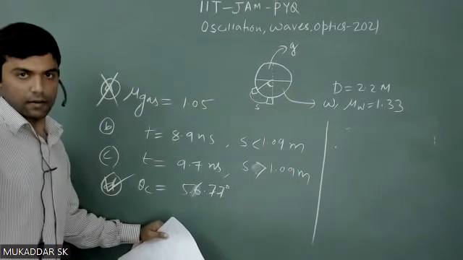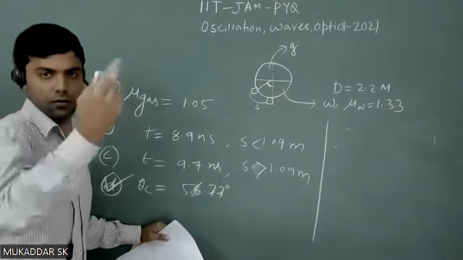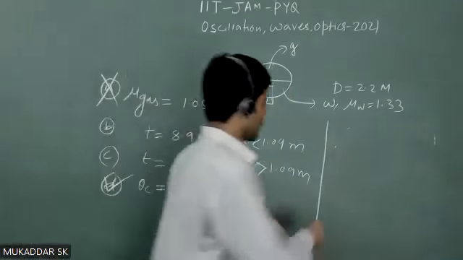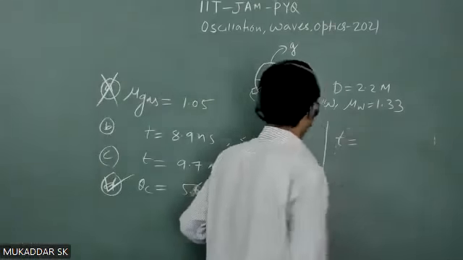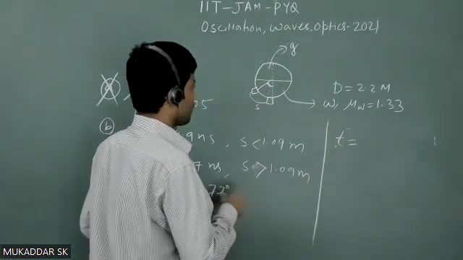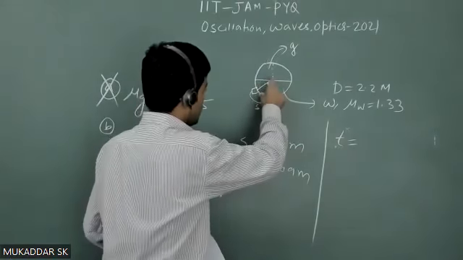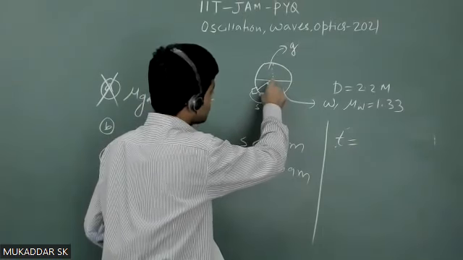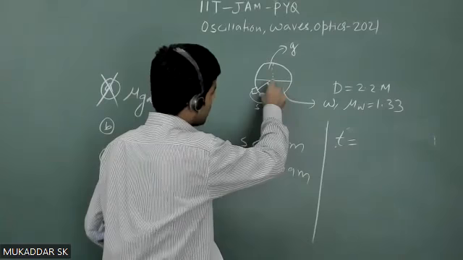And at theta less than theta c, light can travel through medium 2, right? So in that case, total time taken will be how much? Total time taken will be time taken by traveling in water. So that time will be how much? Total distance divided by velocity.